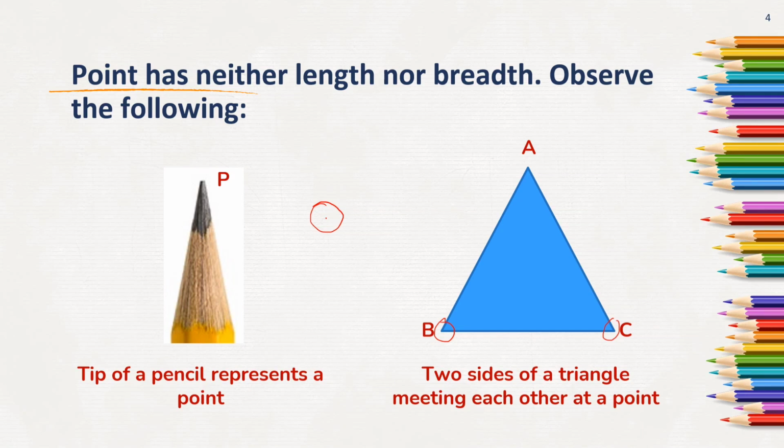So it will not have any length or breadth. It's just a point and it will be named after a capital letter. For this point you can name with any capital letter. Point A, B, C till Z, any capital letter. So a dot in geometry is called a point.